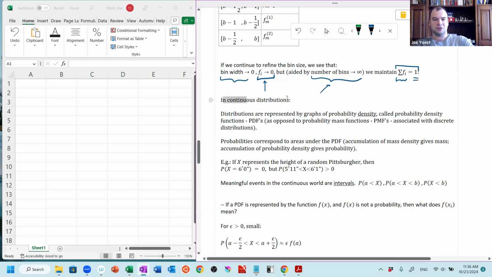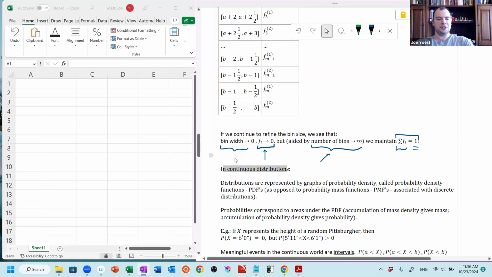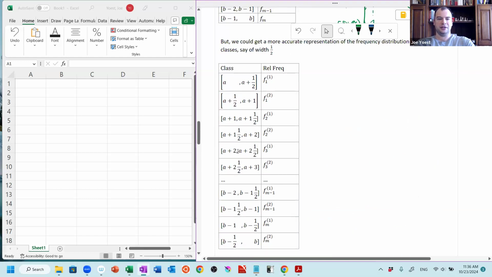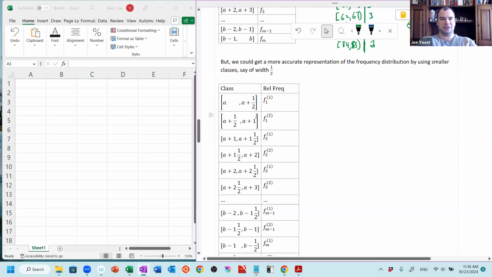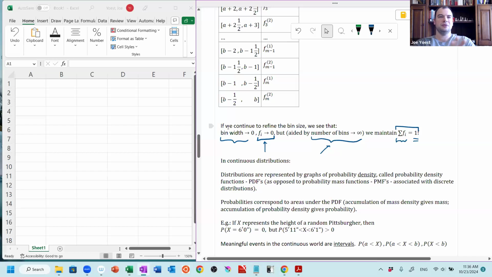So continuous distributions, we have to represent them differently. We can't enumerate all of the different inputs and outputs or all of the different locations and masses because we have a smear of mass across an interval of location.